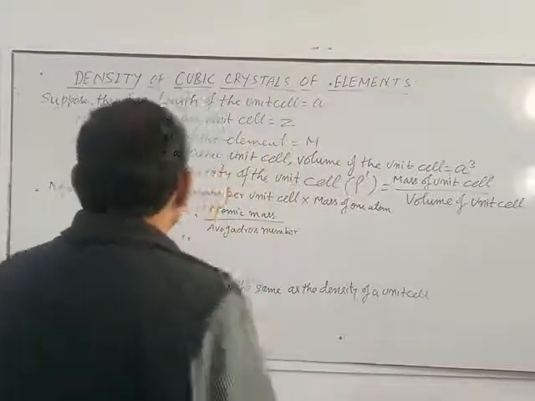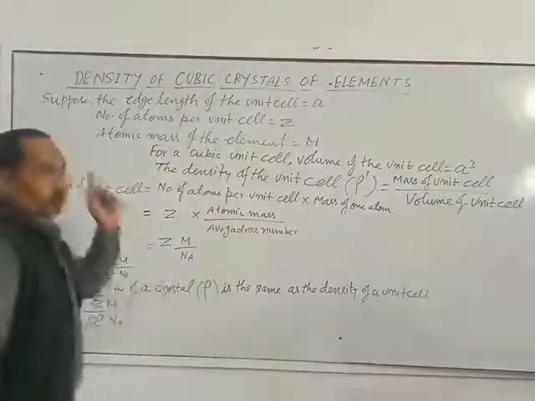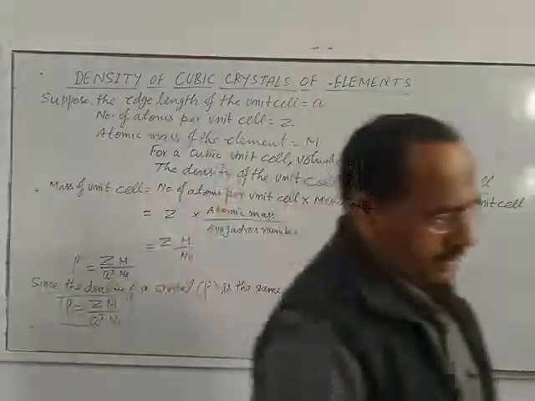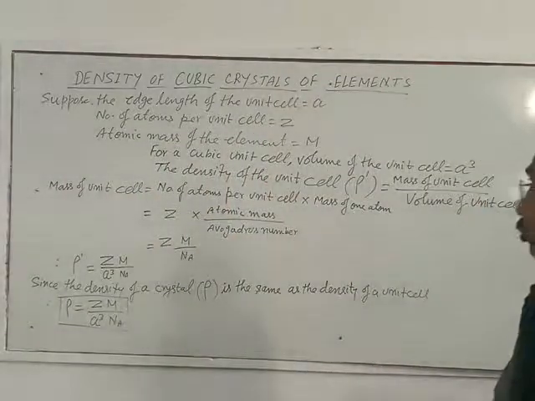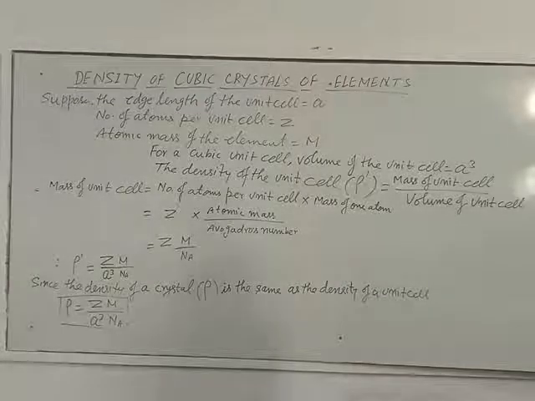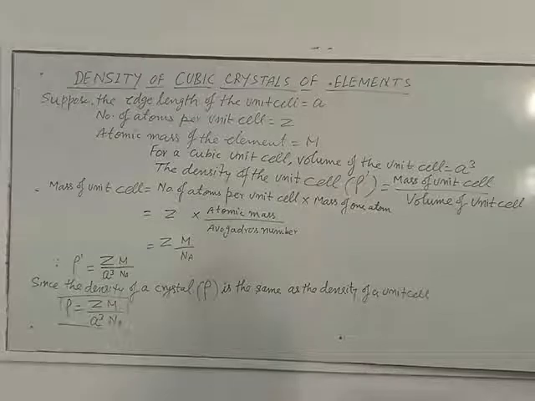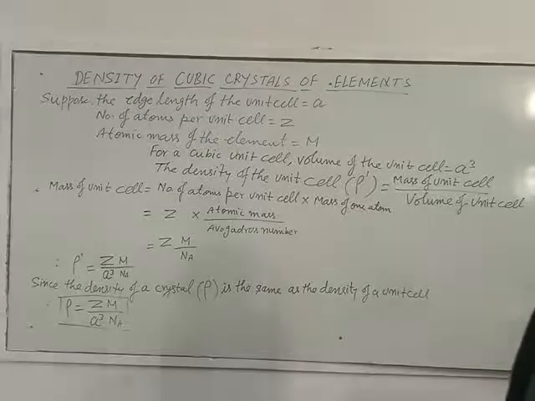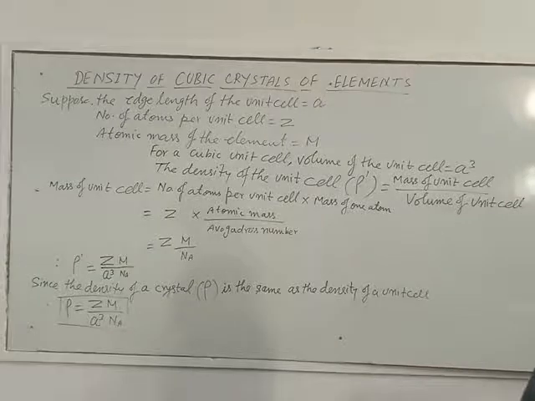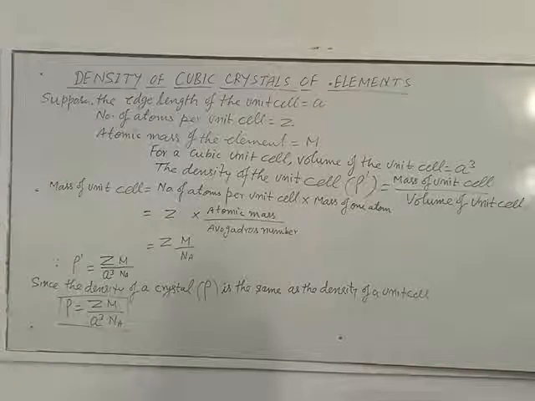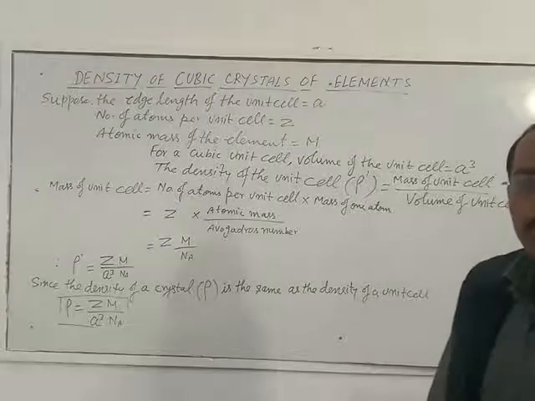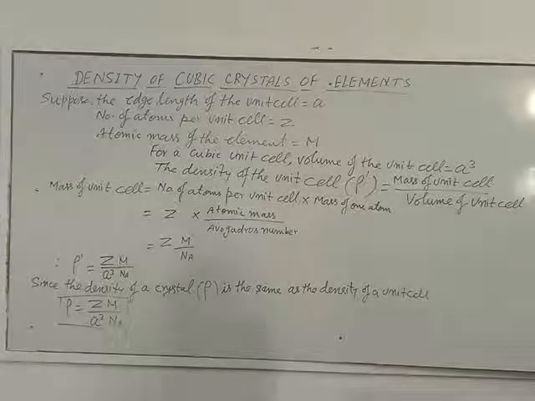For this purpose, suppose the edge length of the unit cell is small a and the number of atoms per unit cell is equal to Z. The atomic mass of the element is M. Capital M represents the atomic mass of the element. Z, number of atoms per unit cell. Small a, edge length of the unit cell.